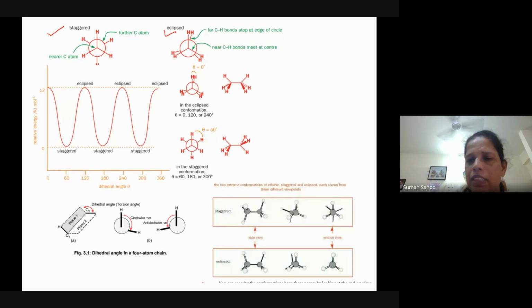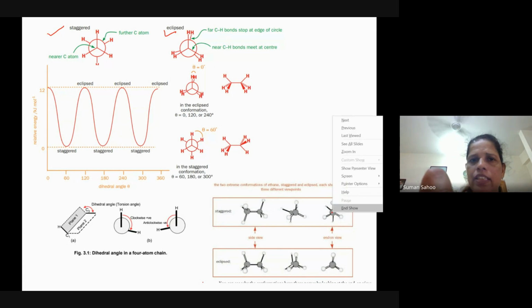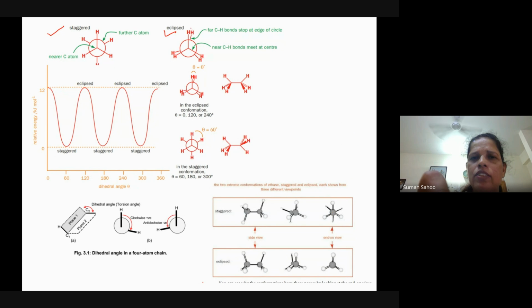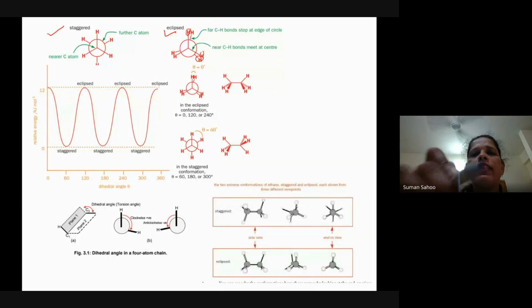Eclipsed means, suppose you see the carbon along this direction, this hydrogen is being eclipsed by this hydrogen, and this hydrogen is being eclipsed by this hydrogen. You are seeing through one carbon, and in this conformation the hydrogens are eclipsed by the front carbon hydrogens.